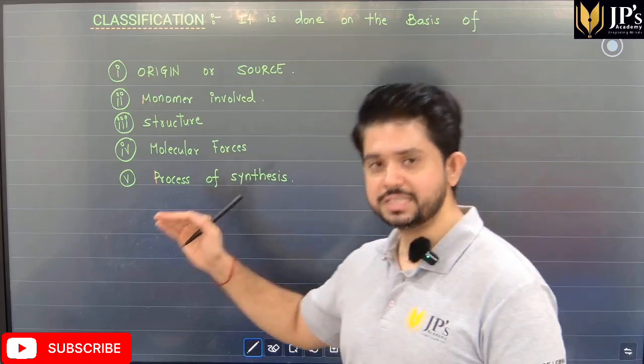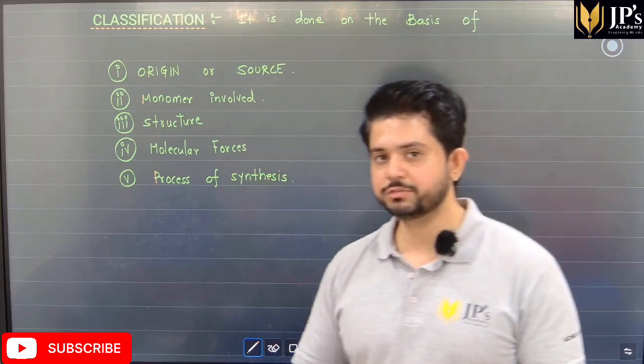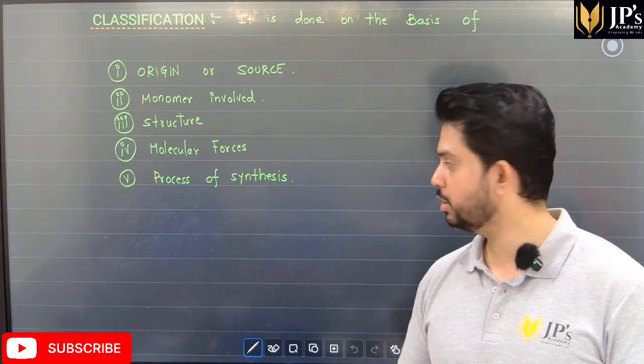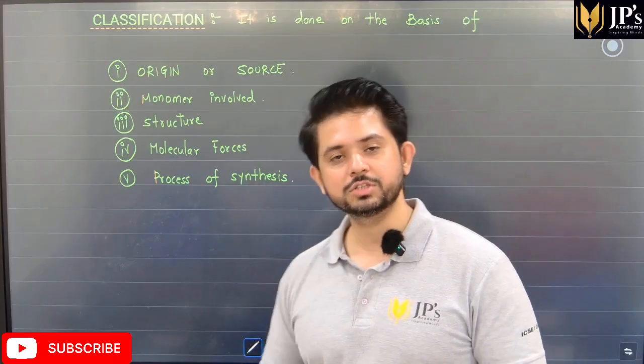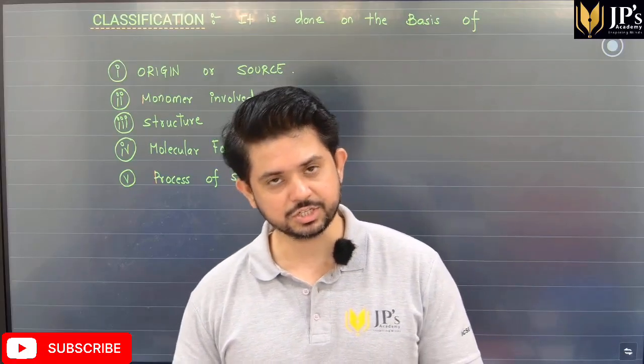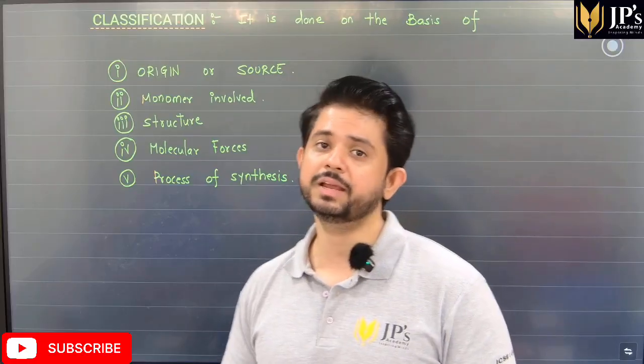We will study all this in detail, however, I'm just giving you an overview. On the basis of molecular forces, is the strength strong between the bonding molecules? And finally, the process of synthesis, addition, condensation, how are they obtained? We also understand free radical mechanism in this.